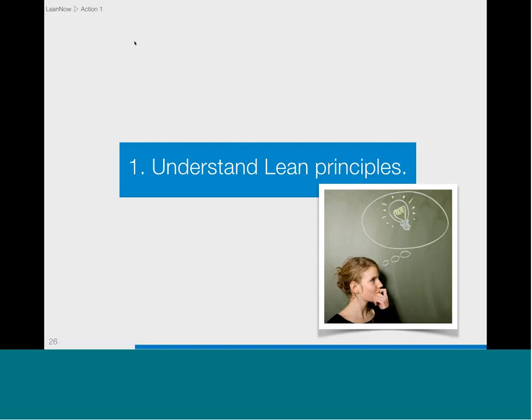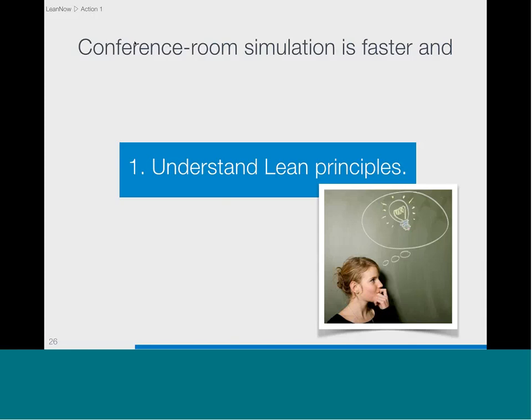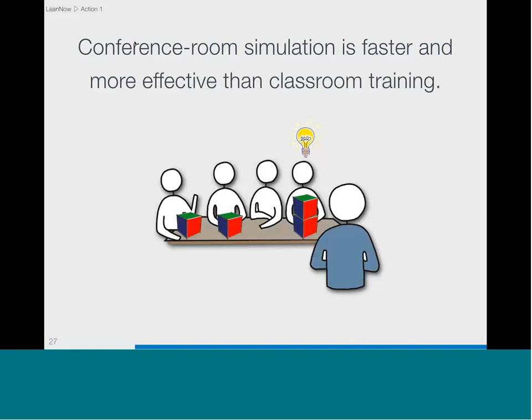So what we've done is try to use simulations instead of classroom type training, where we can get people involved in a conferencing type simulation and have them have this aha effect, that's the light bulb there, quickly within half a day, as opposed to taking weeks to get to the same point.